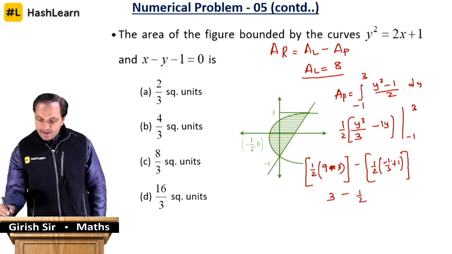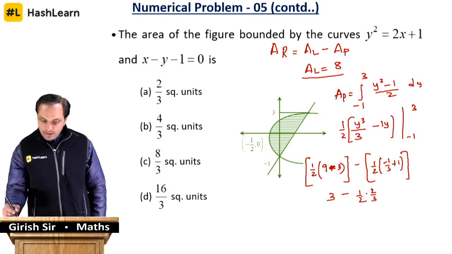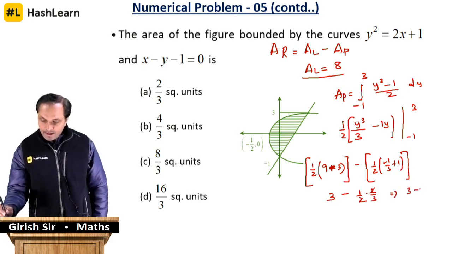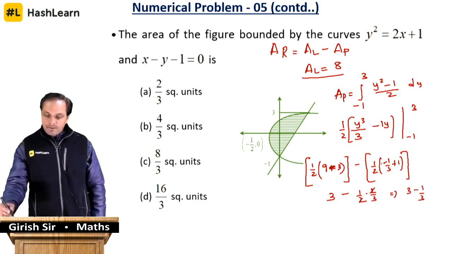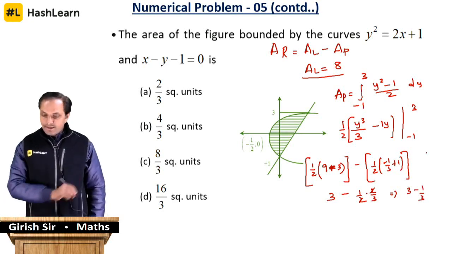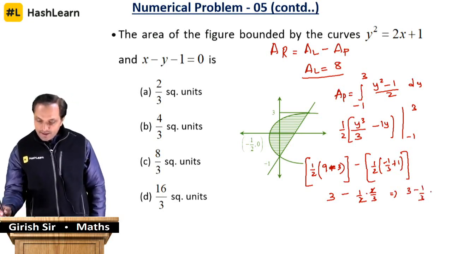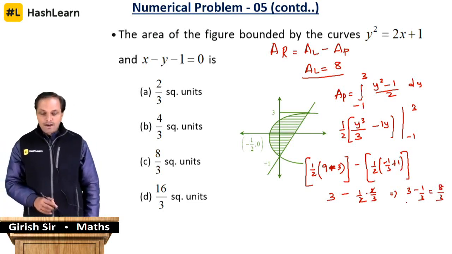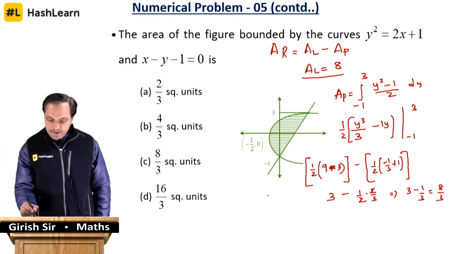This is 3, 3 minus 1 is 2 by 3. You can cancel this part, you will get 3 minus 1 by 3. So that was half here, 3 minus 2 by 3, that's absolutely right. So 3 minus 8 by 3, okay, 3 3s are 9 minus 1 is 8 by 3. So you have this area for the parabola as 8 by 3.